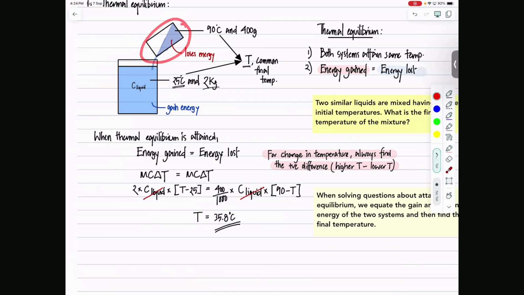This one, right? So what should it be? mcΔT. The same liquid, so same specific heat capacity, times 90 minus T, because obviously 90 is going to be higher than that temperature. Once you equate these two, you find that the temperature is 35.8 degrees Celsius. This is obviously provided that no energy has been lost to the surroundings. That is something that may happen.